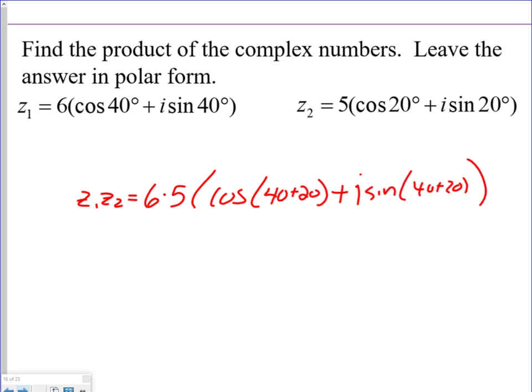So the product is equal to 30 times cosine of 60 plus i sine of 60. And of course, those should also be in polar form, right? So what's that going to be? 60 is pi thirds. Okay, slow down, you're moving really fast.